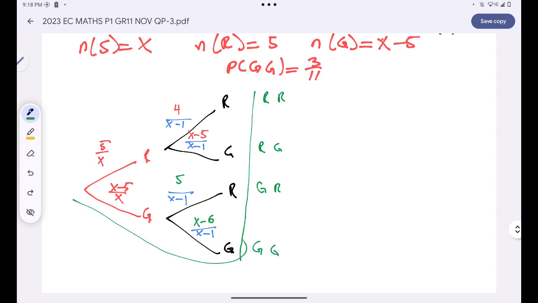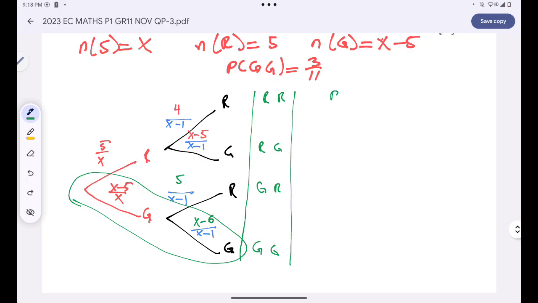So the branch over there tells me about the probability of picking 2 green balls. Are you together?